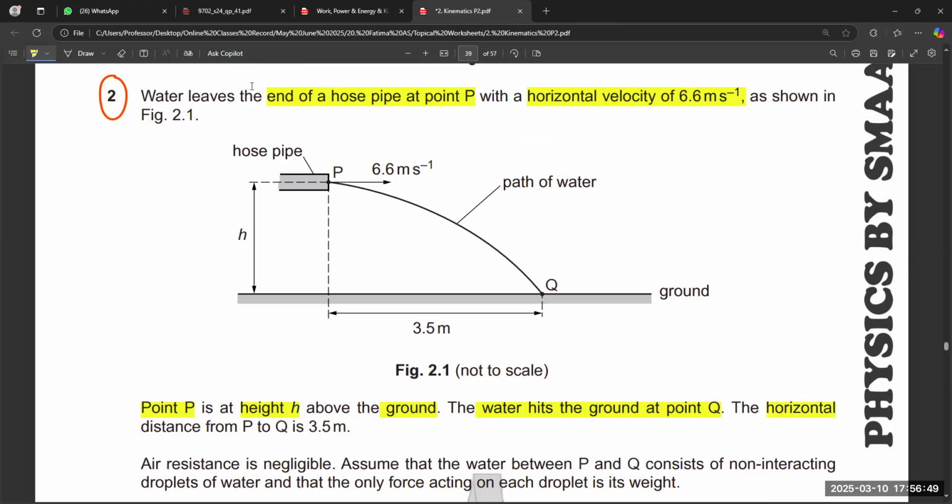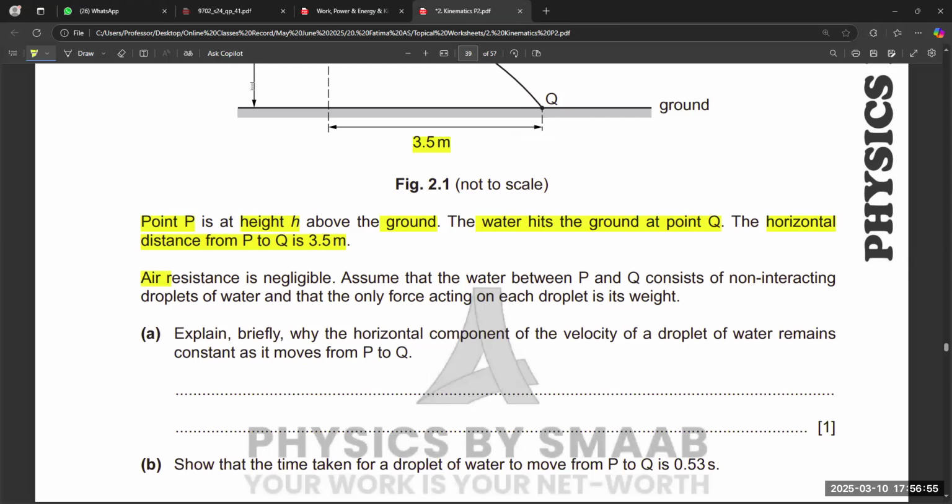Horizontal distance is given, 3.5. We can observe in the diagram also. Air resistance is negligible. Assume that water between P and Q consists of non-interacting droplets of water and the only force acting on each droplet is its weight. So it is clearly written there is only one force, which is the weight of the body.